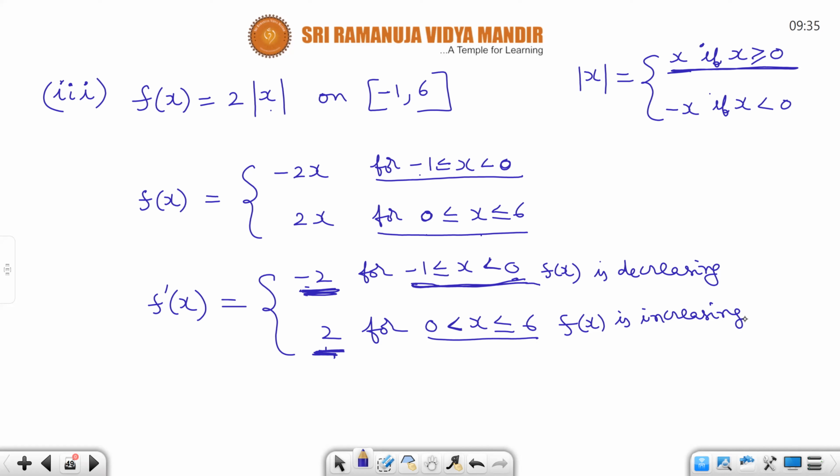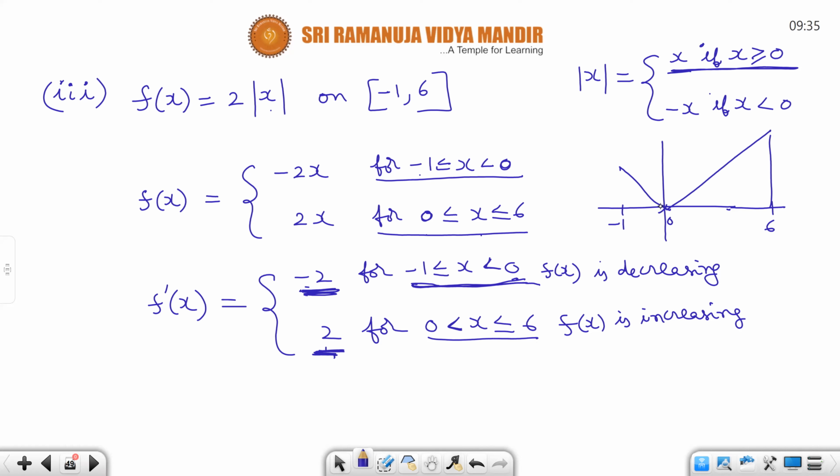From -1 up to 0, the function is decreasing, and from 0 to 6, the function is increasing.